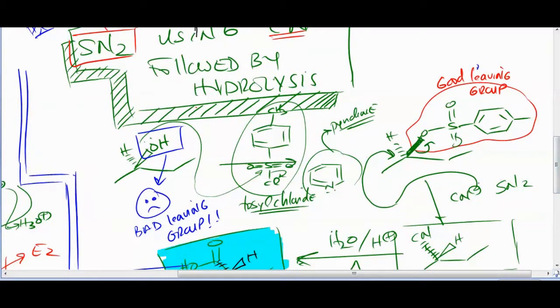So when this goes here, it kicks out the chlorine, and we would have this. There will actually be a hydrogen here. This hydrogen will still be there, but that's why this pyridine is here. The pyridine would then deprotonate that hydrogen, so that you would have this. All right, that makes more sense, because I was confused about what happened to the chlorine.